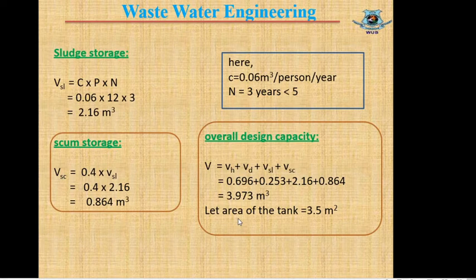That means if the width is 1 meter, then the length would be 3 meter. So here we have assumed the area of the tank is 3.5 meter square, assuming that width is 1 and length is 3.5.